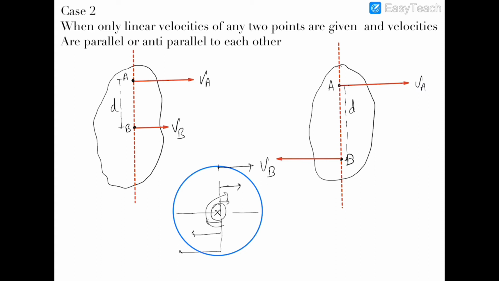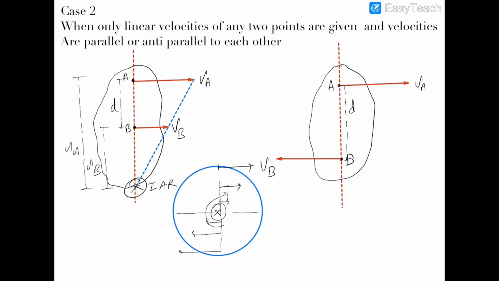Therefore IAR would be lying somewhere here. If this point is IAR, we need to find the distance of IAR from A and B. Let us suppose that the distance of IAR from B is RB and the distance of IAR from A is RA.